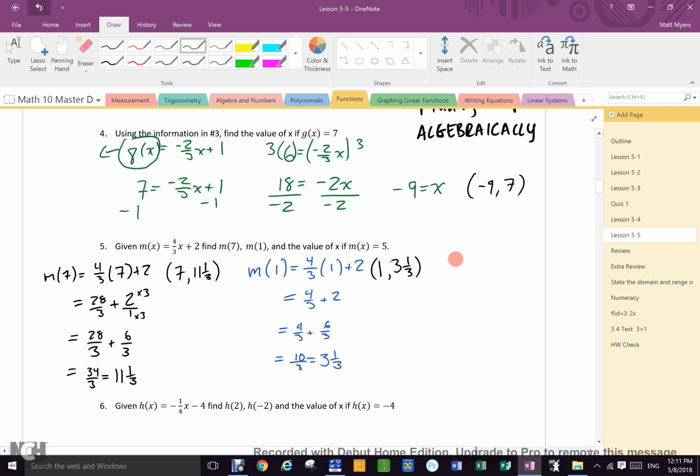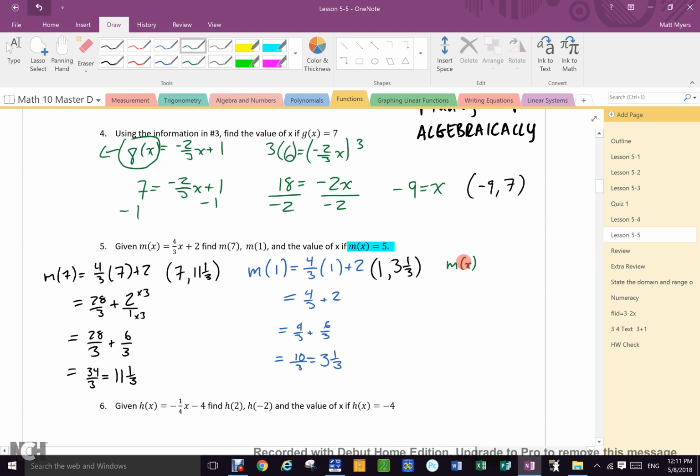What is different about my third situation? I know my m of x. Do I know my x value? So my x value is got to stay an x, doesn't it? So instead of m of 1, I know my m of x. But I know my m of x in this case is what?